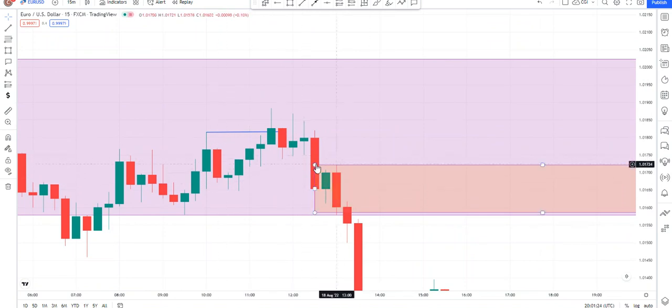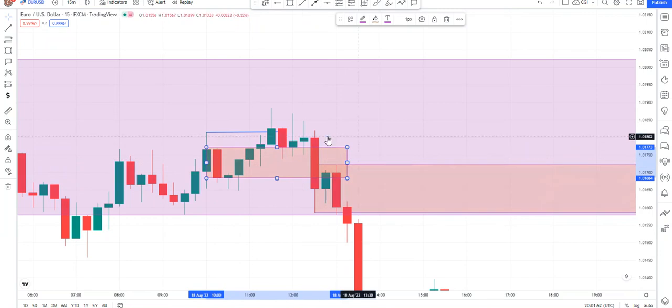But did it mitigate an area that induced liquidity? It did not really mitigate this area right here. But what it did is mitigate this breaker block here.